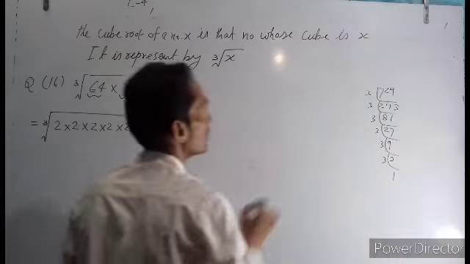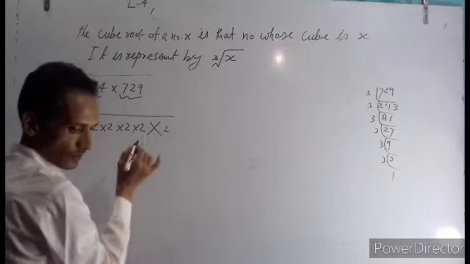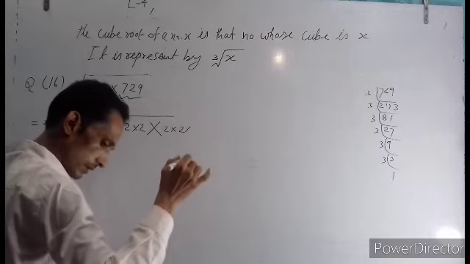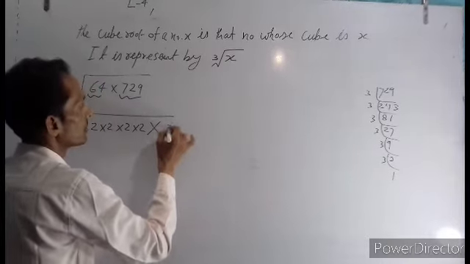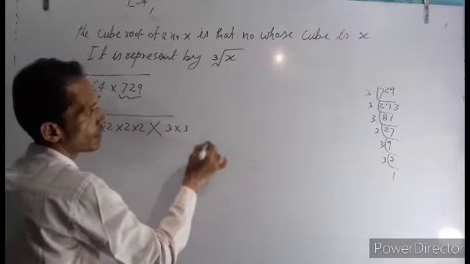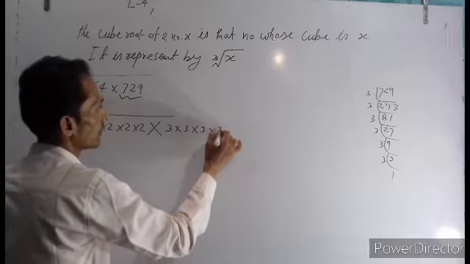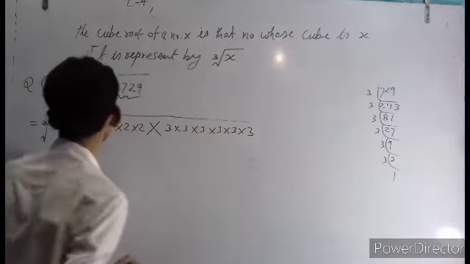How many times 3? 6 times. So 3 multiply 3, how many times 3? 6 times: 1, 2, 3, 4, 5, 6. Okay.